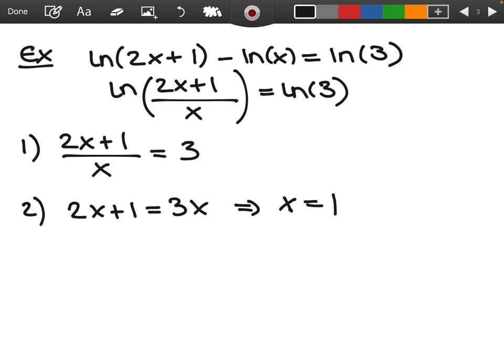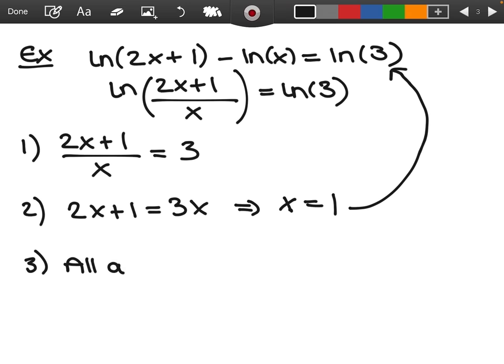If I go ahead, like I said before, you have to, for your third step, plug this back into every single one of the arguments from your first original equation, okay? And make sure that every argument is positive. So when x is equal to 1, 2x plus 1, that's positive. X is 1, so it's definitely positive. And then our last one is a constant, so you don't need to plug it into there.